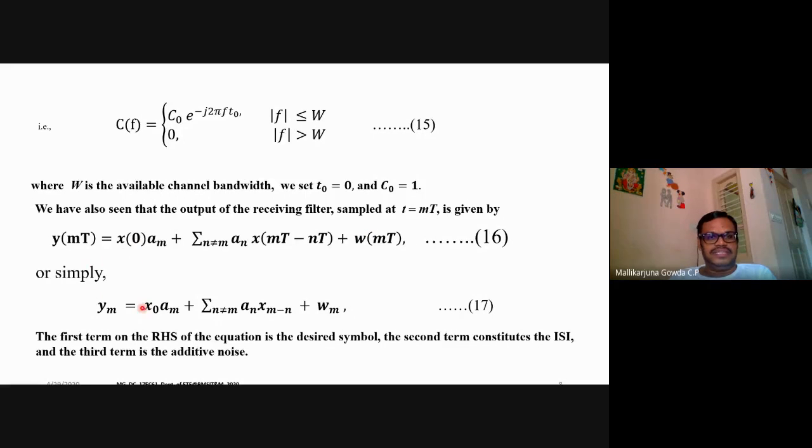And then this is the modified version. So y_m is equal to x_0 a_m plus this second term plus the third, and I discussed this also. The first term is the desired one, the second is due to ISI, the third is due to additive noise. Our goal is to eliminate the second term.